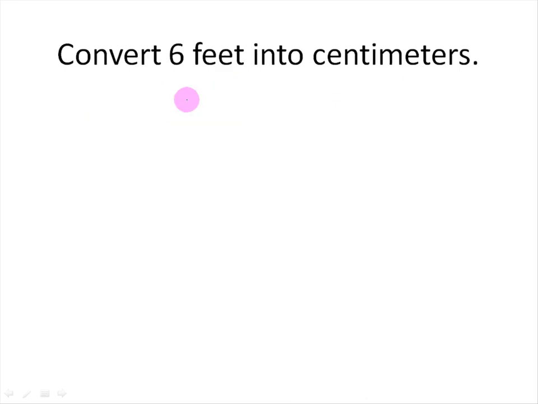All right, we're going to take a look at 6 feet into centimeters. So we have 6 feet, and we know that 1 inch is equal to 2.54 centimeters. We're given 6 feet.